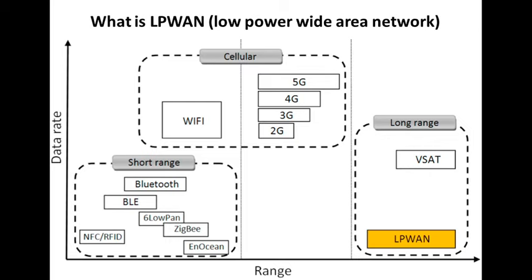Now we move to the longer range one. As you can see here, the LPWAN is located in the list. It can reach longer distances, usually 2 to 5 kilometers or even longer, with lower data rate and lower power consumption.